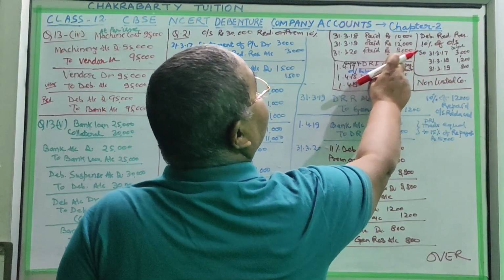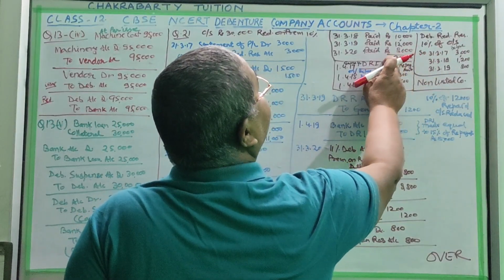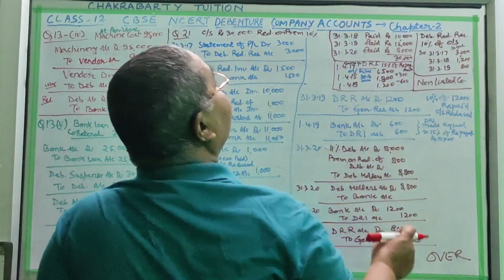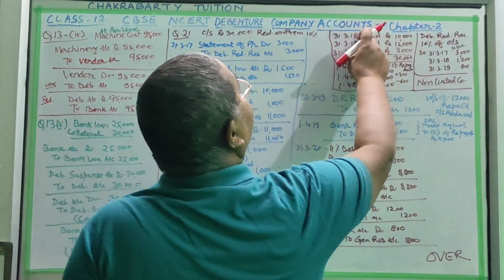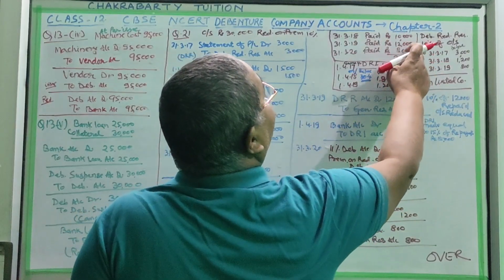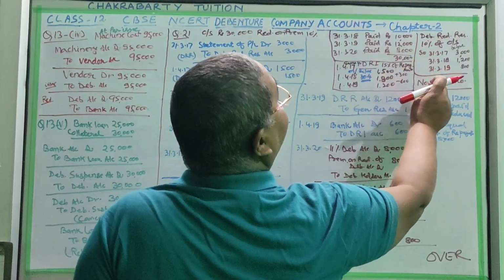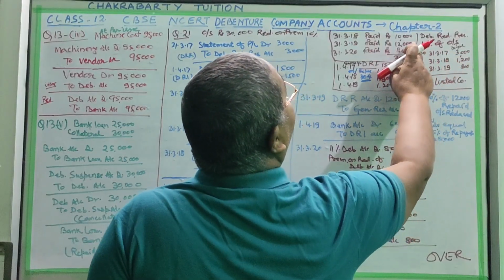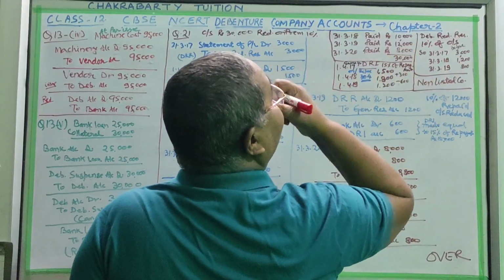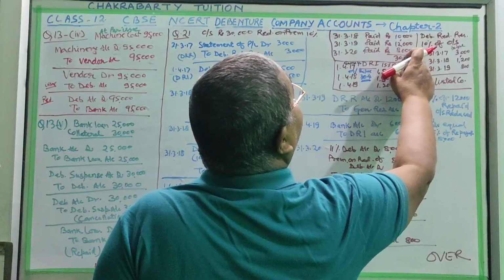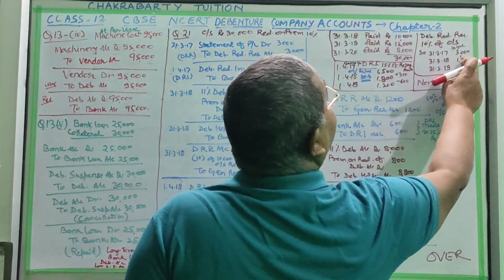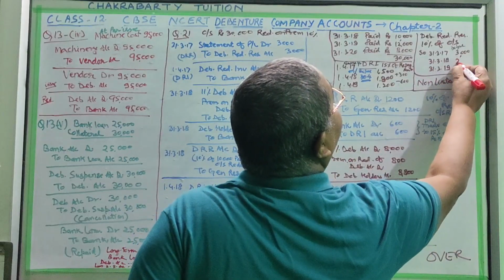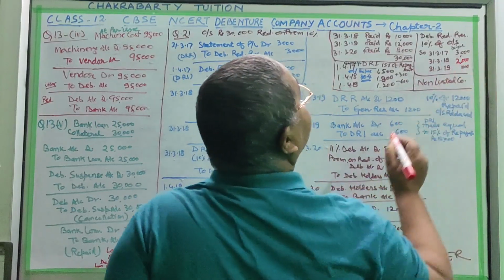At that time, 31/3/17 outstanding is 30,000, so 10% will be 3,000. Then after paying 10,000 in 18, the balance will become 20,000. So 10% of the outstanding means now you have to make the reserve 2,000 rupees.